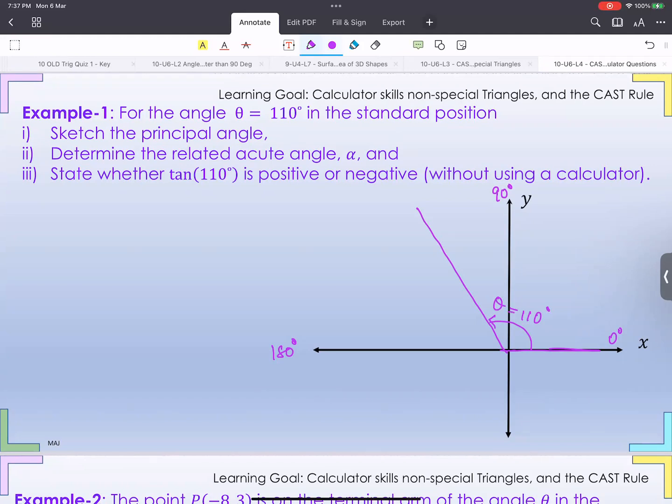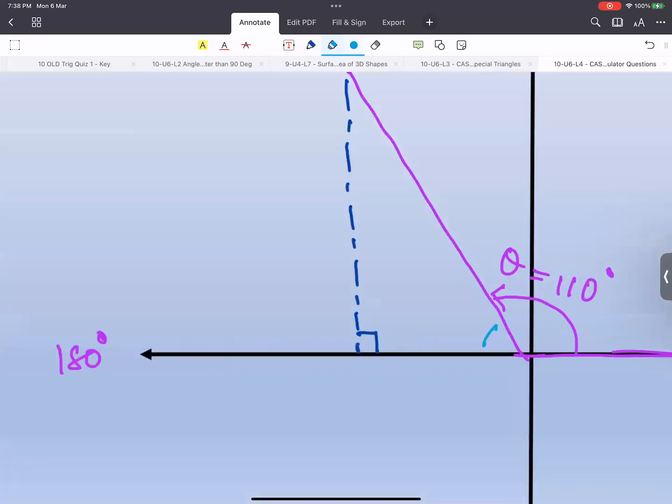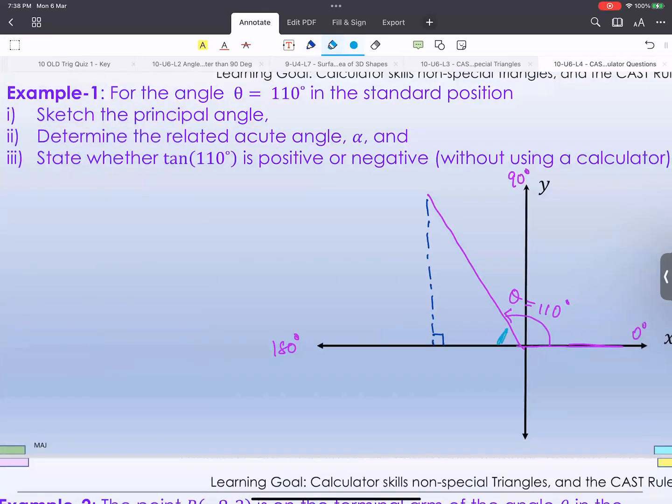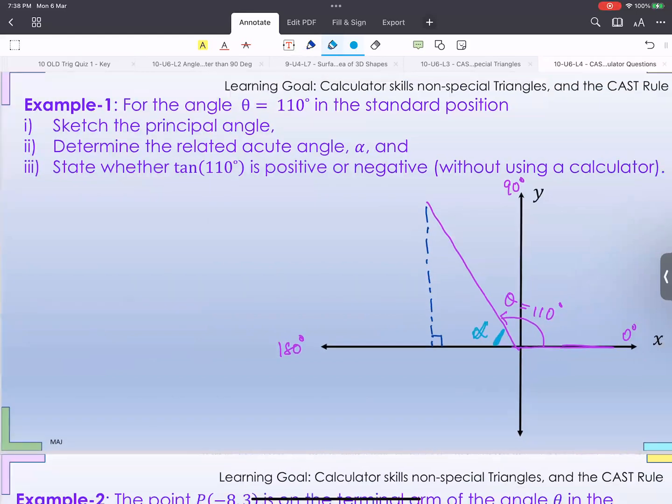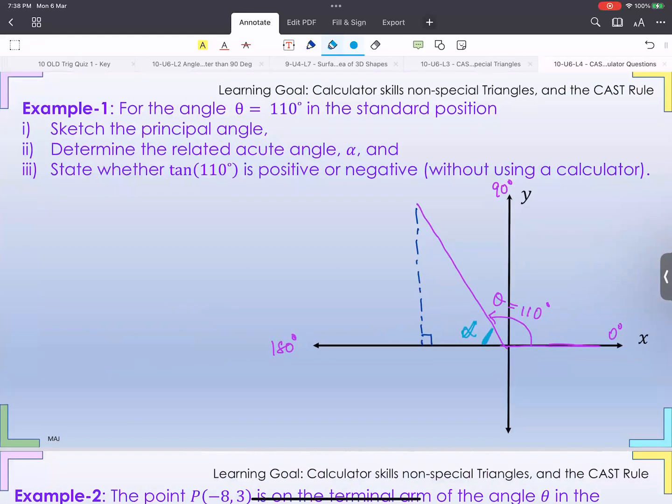So we've done that. Okay, so when they say sketch the principal angle, that's all you've got to do. Done. Determine the related acute angle alpha. For that, we need to drop a perpendicular to the x-axis. Okay, so the perpendicular goes to the x-axis always, never to the y-axis. So this is 90 degrees. And we need to find this related acute angle here, alpha.